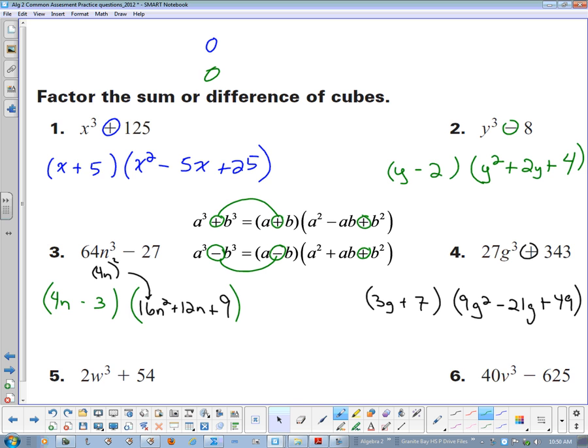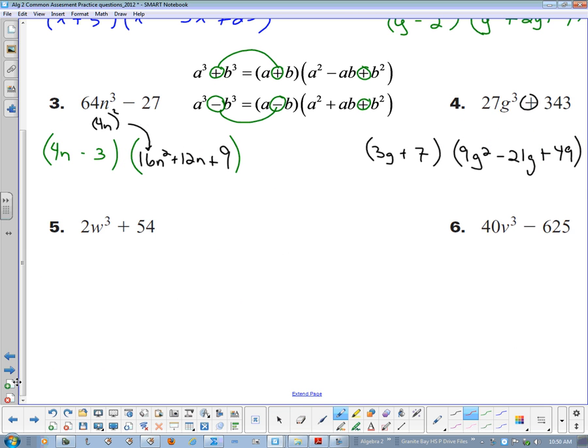So with that said, on this last one here, number 5, you better be careful. It is not set up automatically as a sum of perfect cubes. We must factor out the 2 first. So this is going to be w cubed plus 27. Now this is going to be 2.